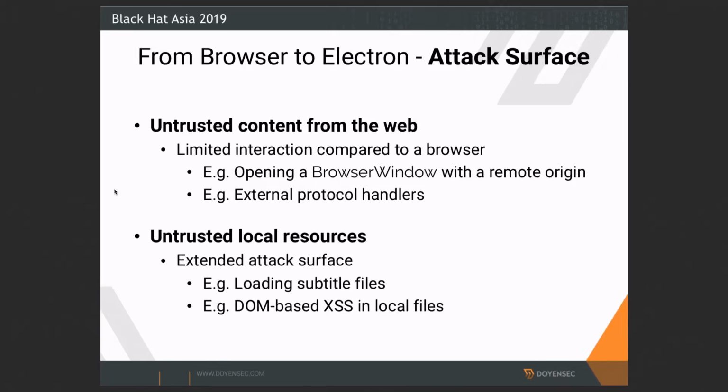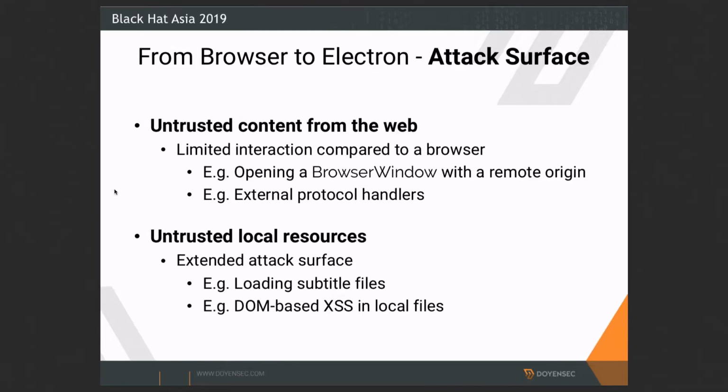It's, for example, discouraged to open a browser window with remote origin. All the guidelines will recommend you to load local resources. On the other side, there are new things that become part of a possible attack surface, and this is, for example, local resources. So you can load resources of any kind from the system, and that would be part of the threat model.